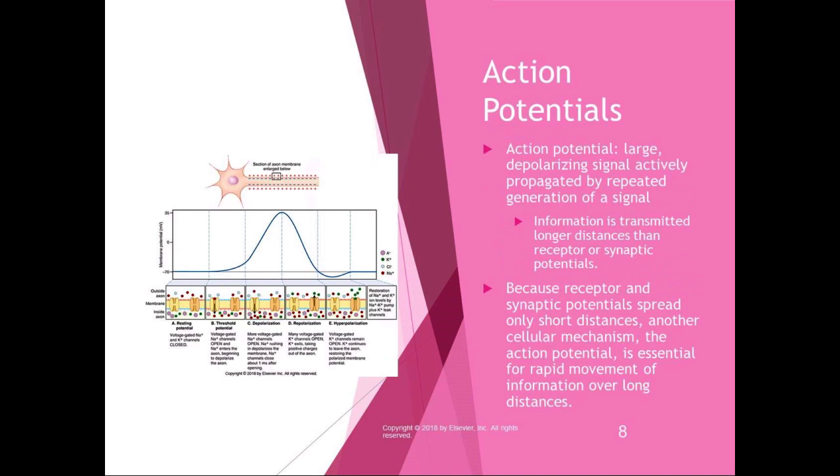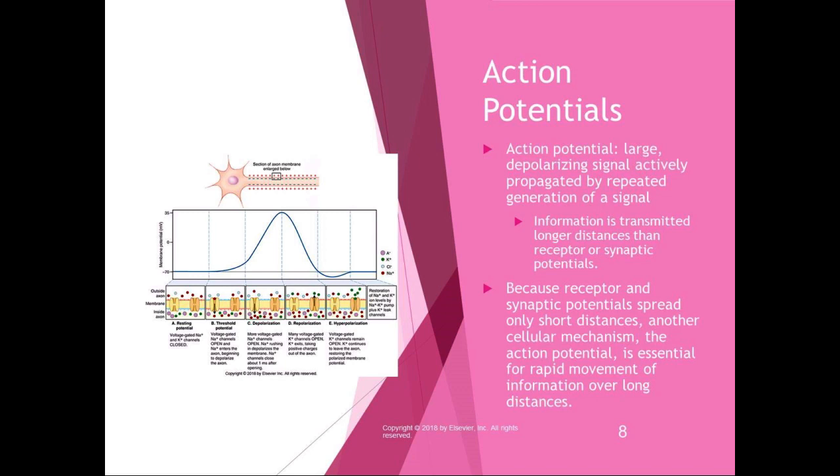So the local potential is a small depolarizing signal that travels passively about 1 to 2 millimeters. The action potential is a large depolarizing signal that's actively propagated by repeated generation of a signal, and the information is transmitted longer distances than just receptor or synaptic potentials.